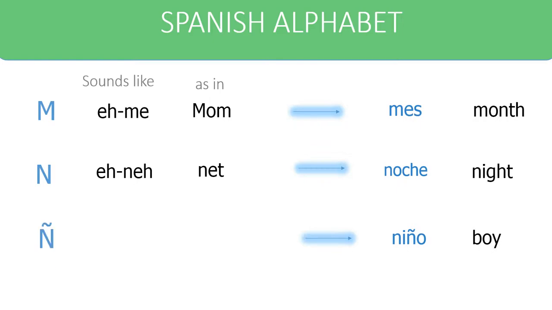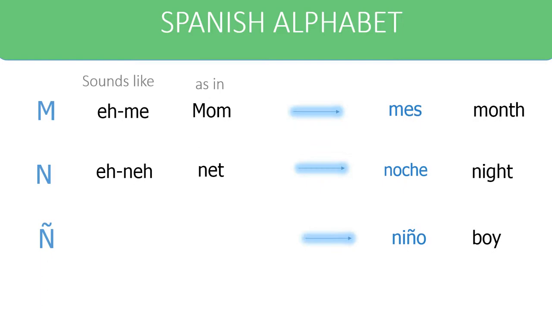This letter doesn't exist in the English alphabet. So you might think that you have never pronounced this one, but maybe you have, because this letter is very similar to the sound in the Italian word lasagna.